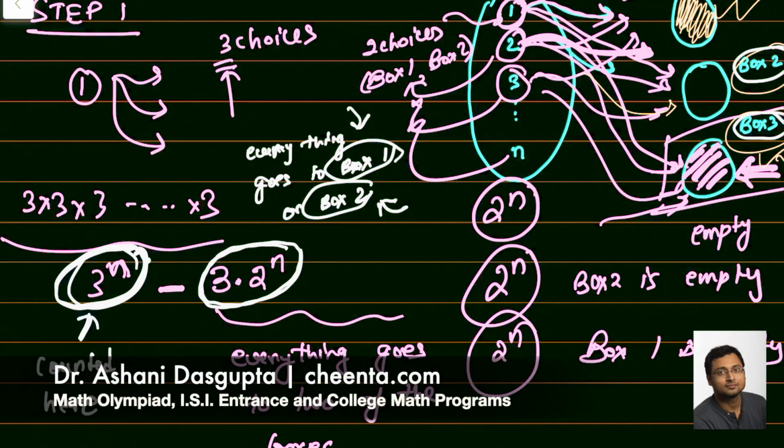So in one of the 2 to the power n's, these two cases were counted. So in three of the 2 to the power n's, each of these cases were counted twice.